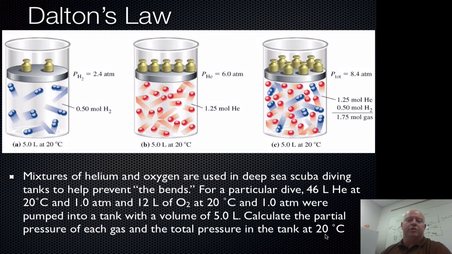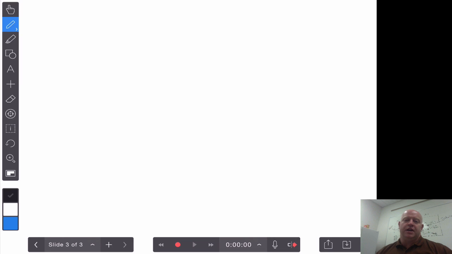Okay, we're going to start with helium here, and then work our way down to oxygen for this problem. Because of Dalton's law, we know that each gas is going to contribute its own amount, and then we can just add them up. We started with 46 liters of helium at 1 atmosphere pressure.